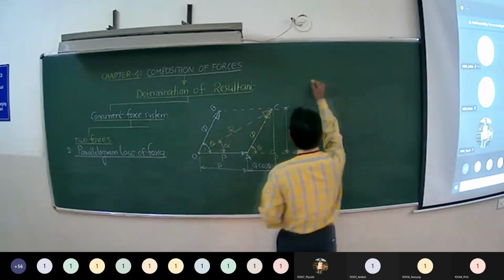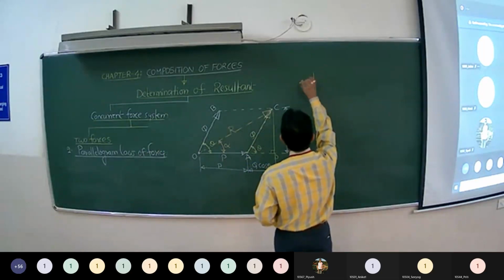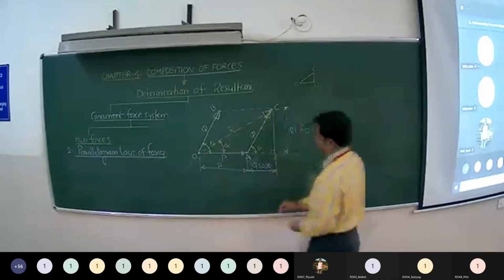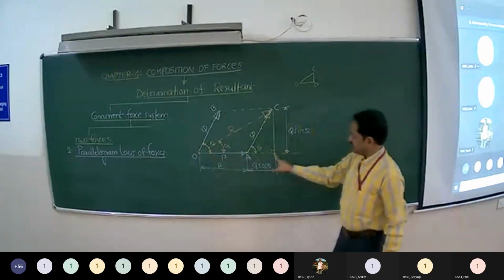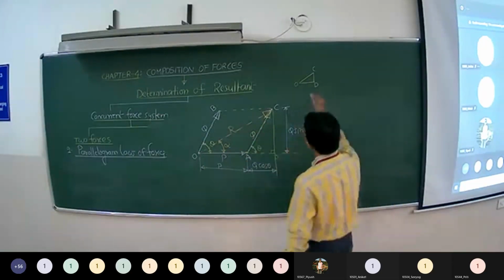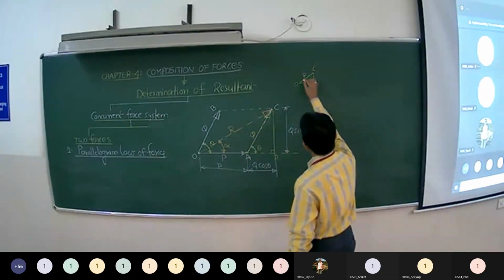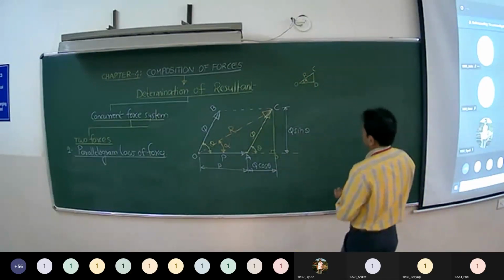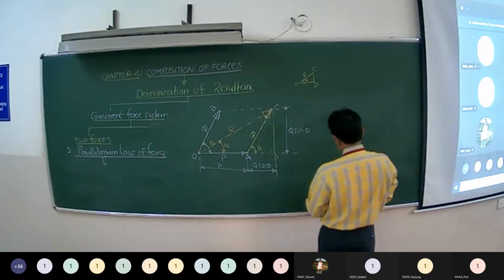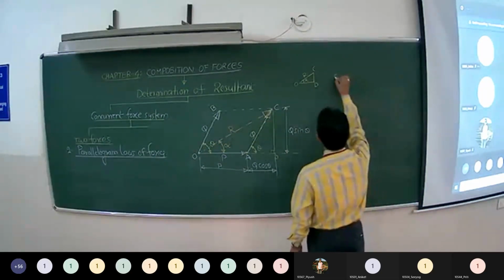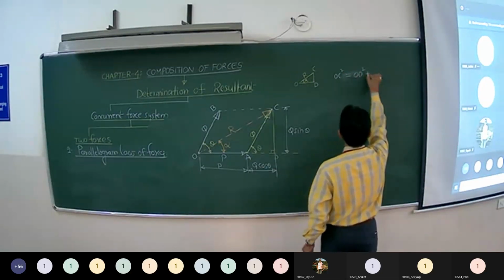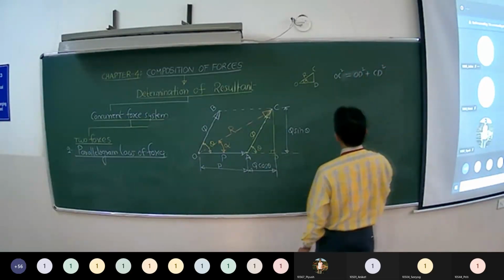Now, from the right angle triangle ODC, we have this as R. This angle is alpha. Now, from Pythagoras theorem, OC square is equal to OD square plus CD square.